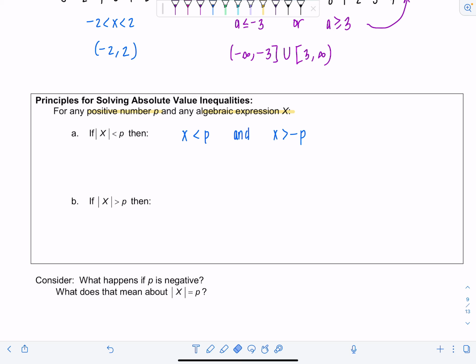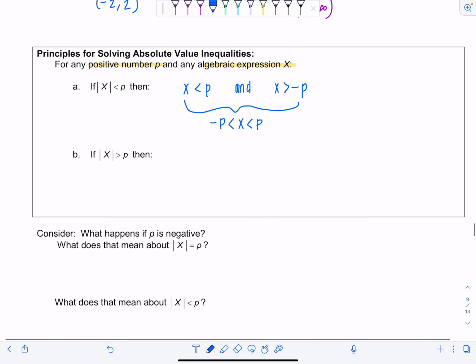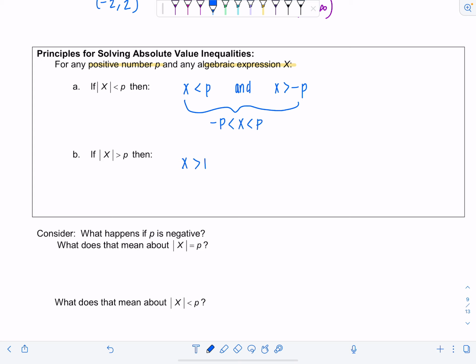And as you noticed in part A, this can be combined into just saying x is less than p and greater than negative p. You can make a compound inequality that way, the little sandwich, okay? If the absolute value of x is greater than p, then x is greater than p or x is less than negative p.